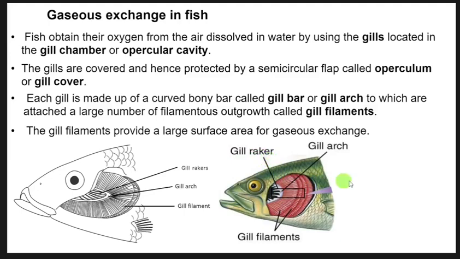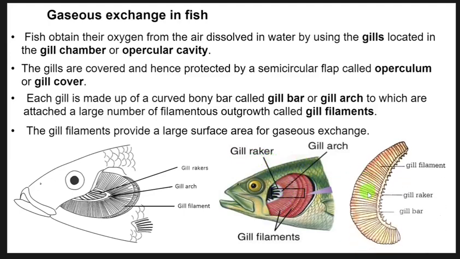All right, and then if we pick one part of the gill and look at it, these are the gill filaments, and these small outgrowths here are the gill rakers, and the white thing here, the bone to which these gill filaments are attached, is what we are calling the gill bar or the gill arch.